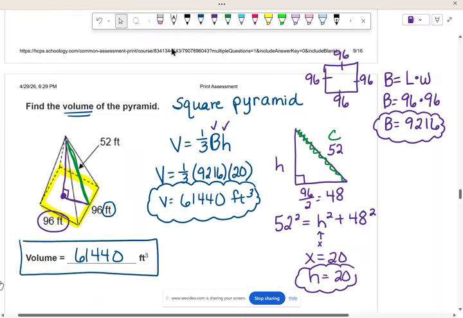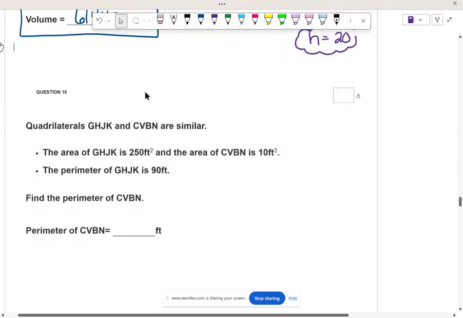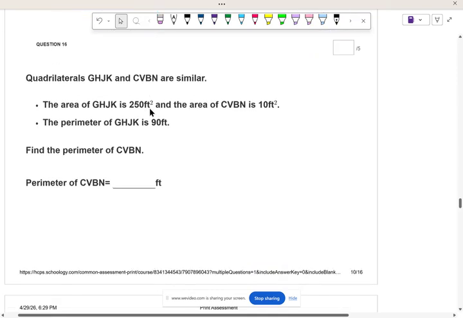All right, let's see. What's next now? Number 16. Quadrilateral GHJK and CVBN are similar. All right, so we need to make a chart. And for a flat quadrilateral, your chart looks like this.